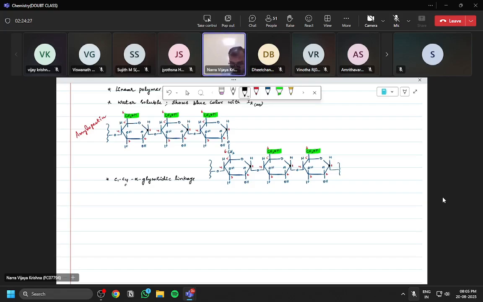Approximately 25 to 30 such units are present. After every 25 to 30 units, these chains are further linked with each other via C1, C6 linkage.